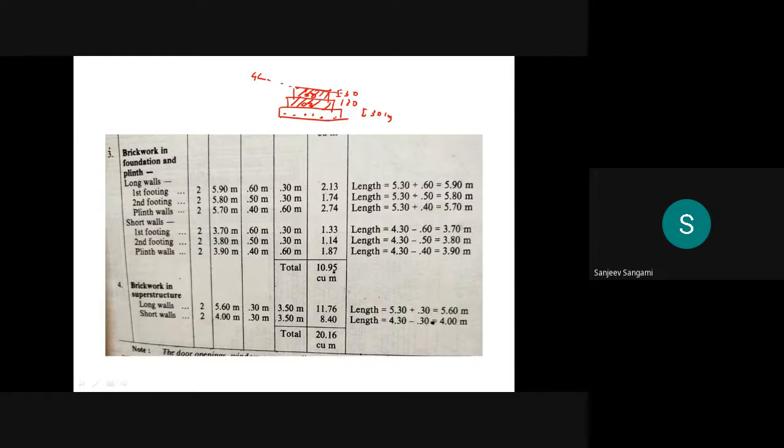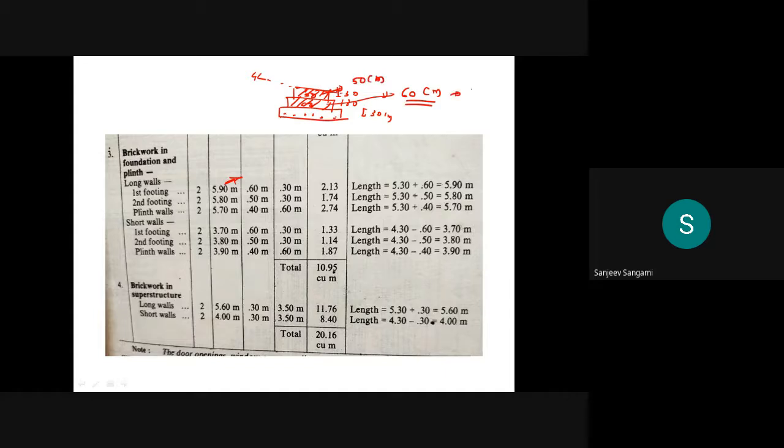What I said is that here it has come as 5.9 meters. How has it come? See, for this, breadth is how much? Here the breadth is 60 centimeters. Here the breadth is how much? It is 50 centimeters.